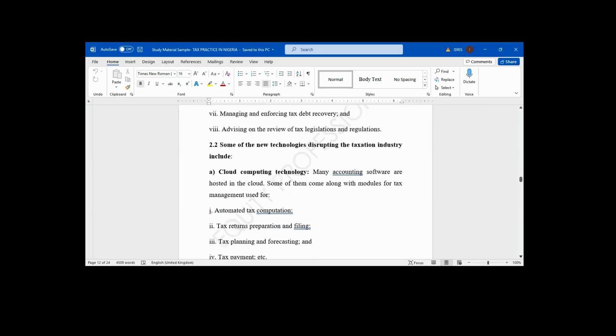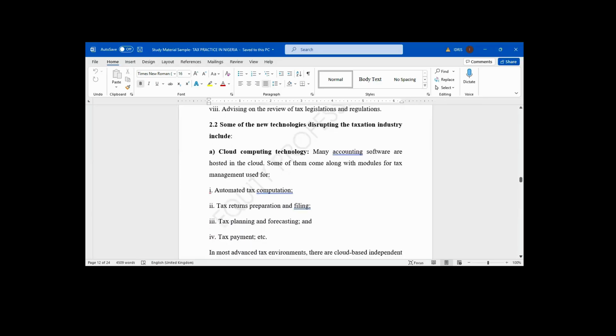Now, this next area is very key in this topic: new technology disrupting the tax industry. What are the information technologies that we use in the tax industry that will aid the job of tax practitioners, tax consultants, and tax authorities?